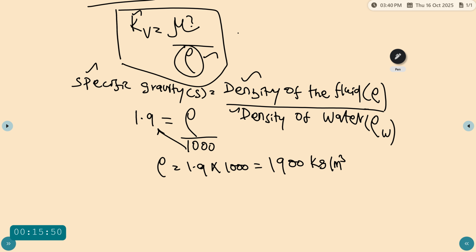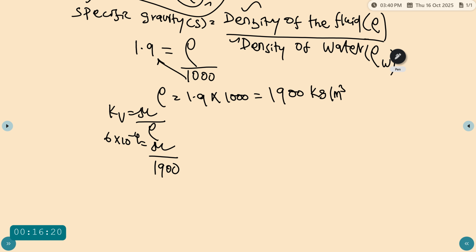Next, we are going to find the kinematic viscosity. Substitute the density value in the above expression and you will get the final answer. Kinematic viscosity is mu by rho, that is 6 into 10 to the power minus 4 divided by 1900.